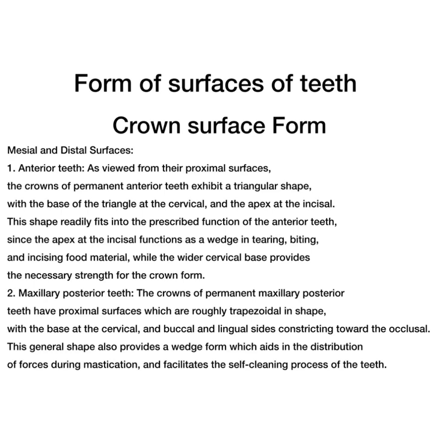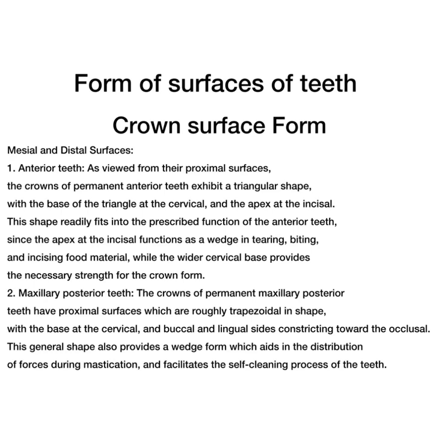This shape readily fits the prescribed functions of the anterior teeth, since the apex at the incisal edge is the verge for entering, pitting, and incising food material, while the wider cervical base provides the necessary strength for the crown's function.